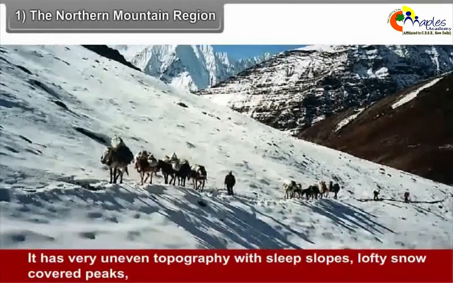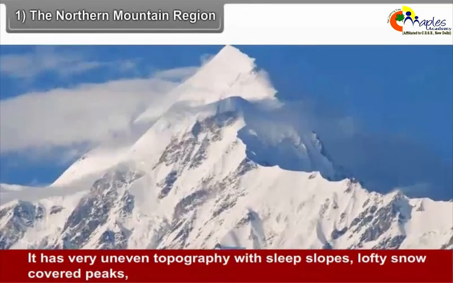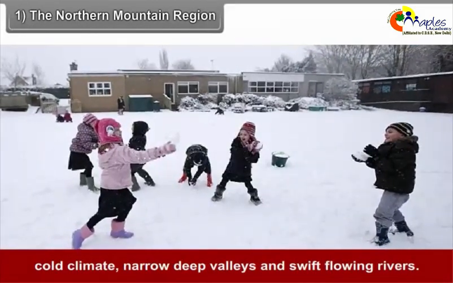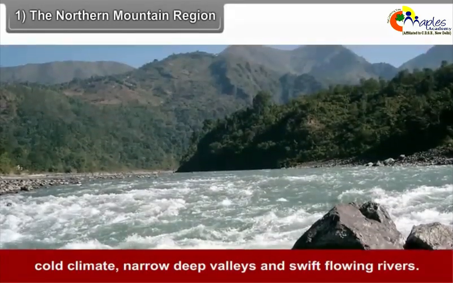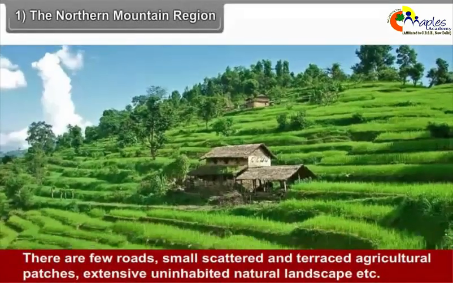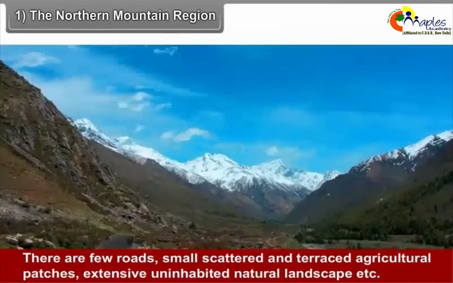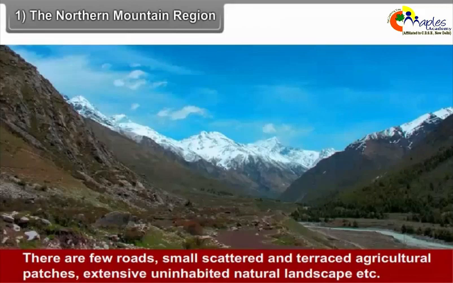It has very uneven topography with steep slopes, lofty snow-covered peaks, cold climates, narrow deep valleys, and swift-flowing rivers. There are few roads, small scattered and terraced agricultural patches, extensive uninhabited natural landscape, etc.